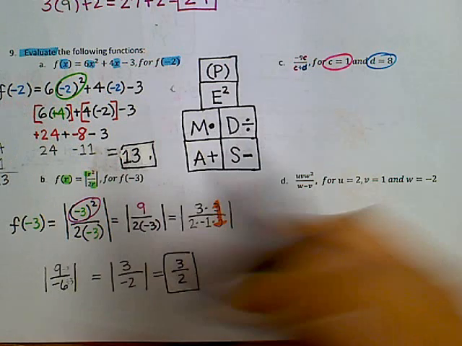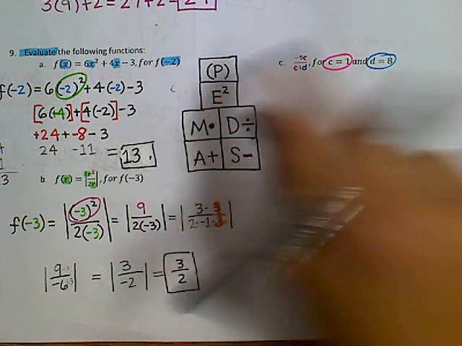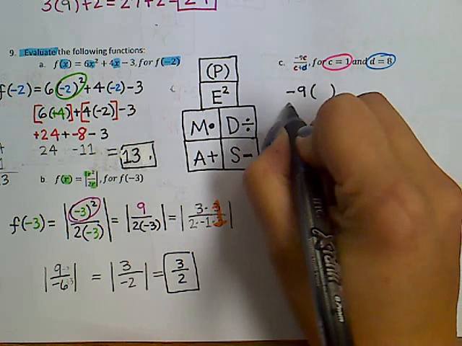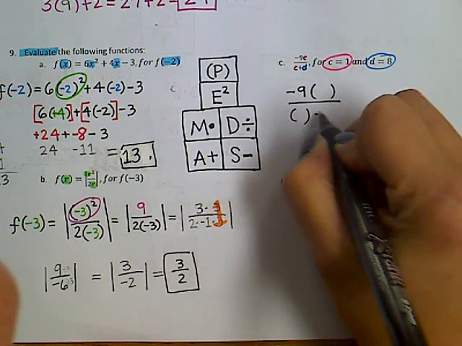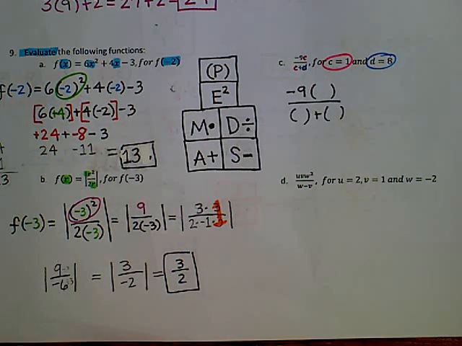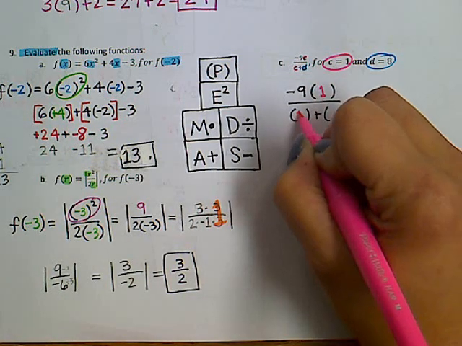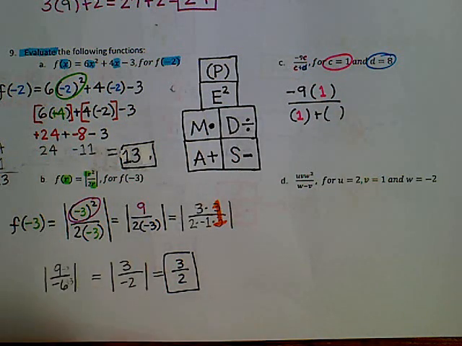So, let's go ahead and start our substitution, which is our parentheses. I would say negative 9 and parentheses over. So negative 9, I'm replacing my C with 1 and my D with 8.